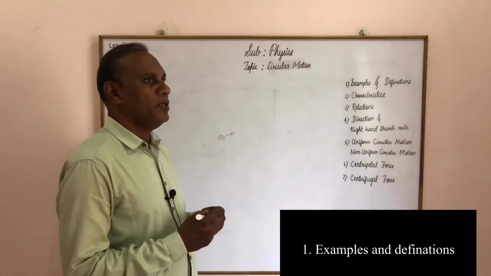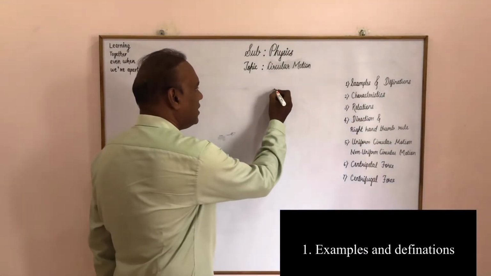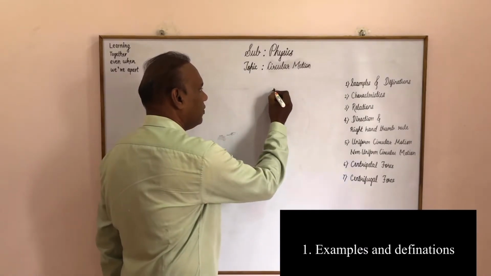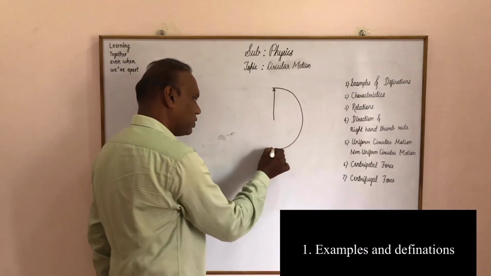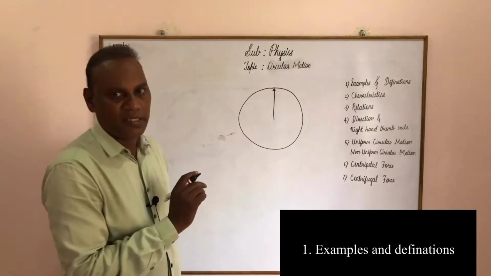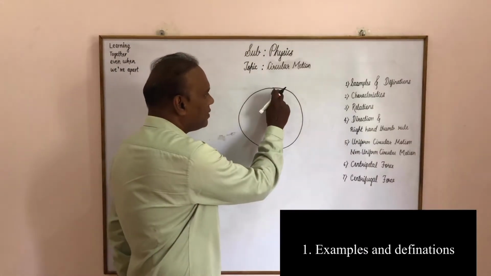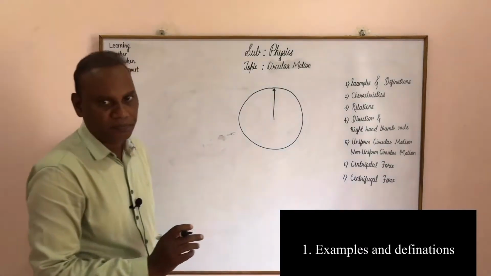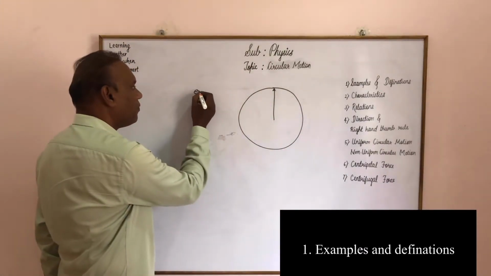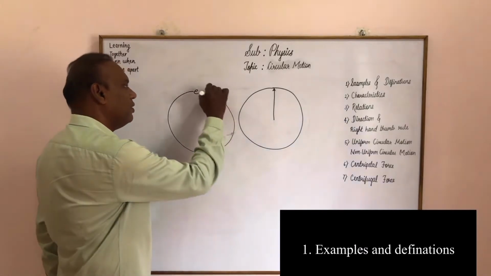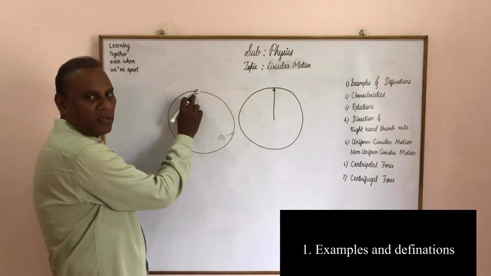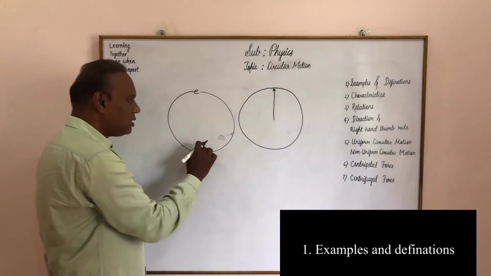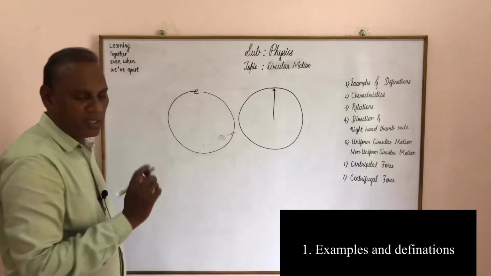From these examples, suppose the tip of a clock performs a circular motion. That means this tip moves along the circumference of a circle. An electron performs circular motion. That means this electron moves along the circumference of a circle.